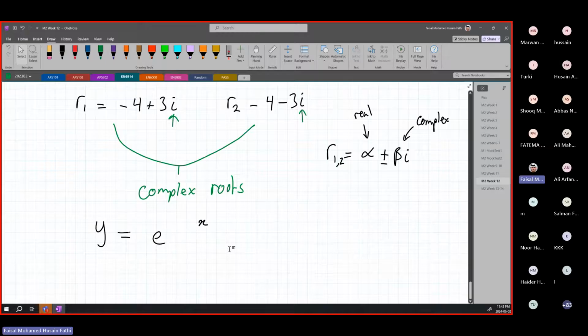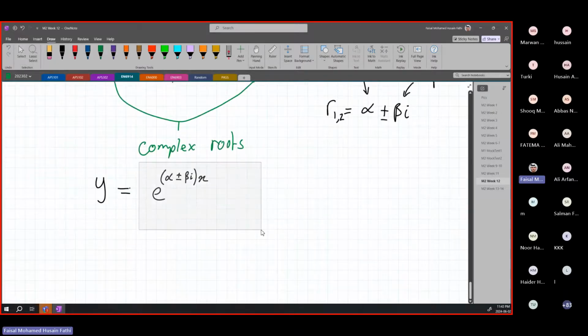It is equal to alpha plus or minus beta i times x. Don't get too confused by this. You're going to see this, especially electrical students.